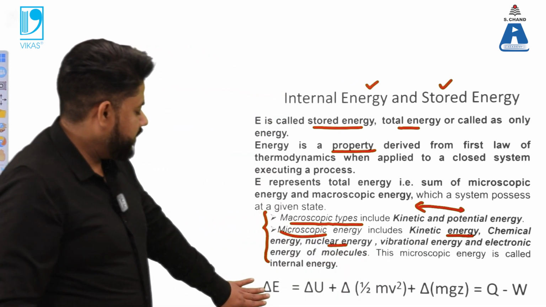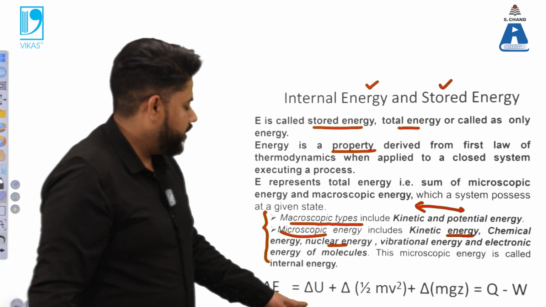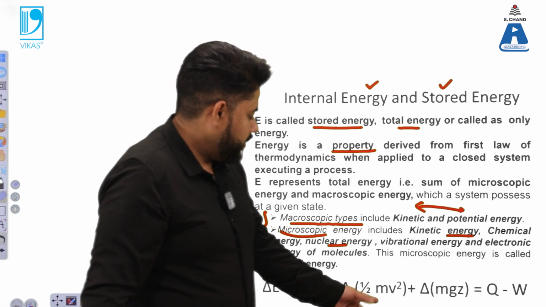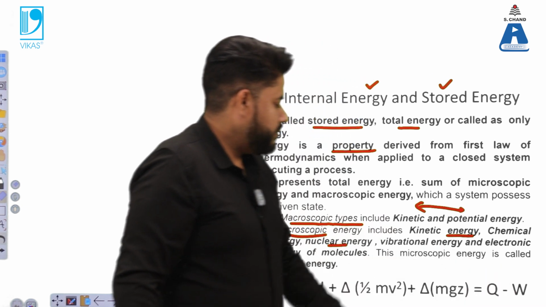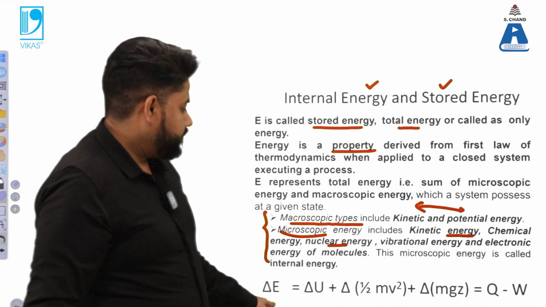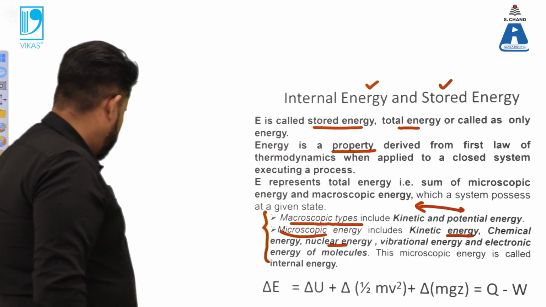So this stored energy is equivalent to internal energy plus kinetic energy, which is half mv square, plus the potential energy, and that is equivalent to internal energy, which is this q minus w that I have indicated in my previous slides.